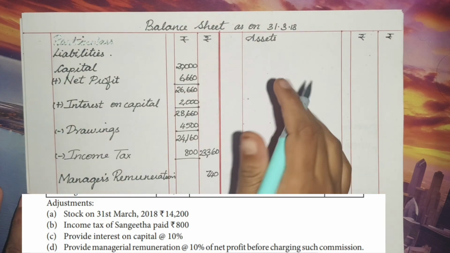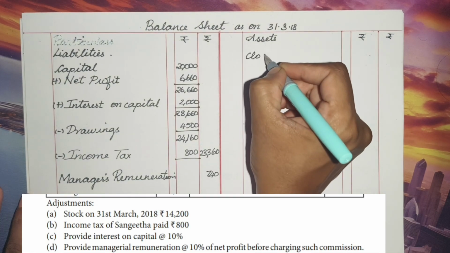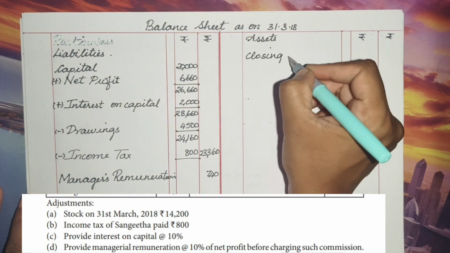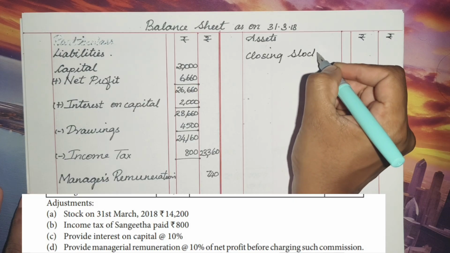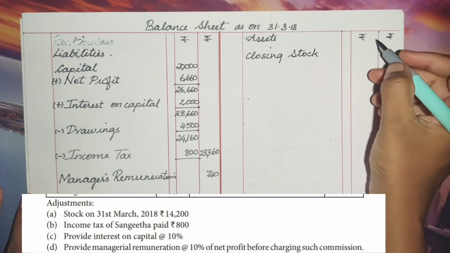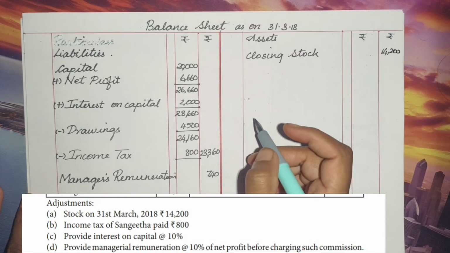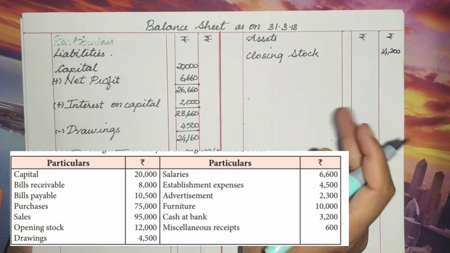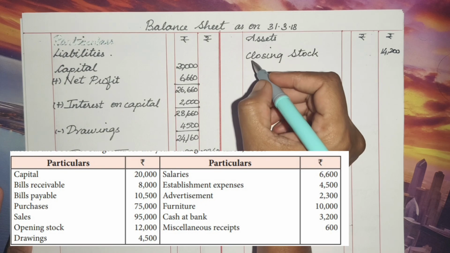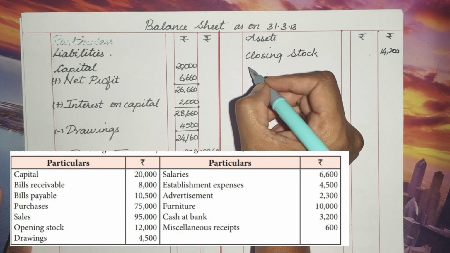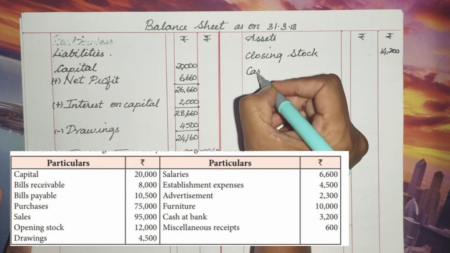Next we move to the asset side with the closing stock as the first adjustment there. So closing stock from the adjustments, let's take and write that down in the outer column with the amount 14,200.